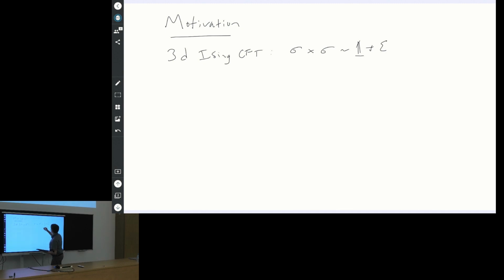So if you take the sigma sigma OPE, you get the identity operator, you get epsilon. Of course, you get the stress tensor, and an infinite tower of other operators.